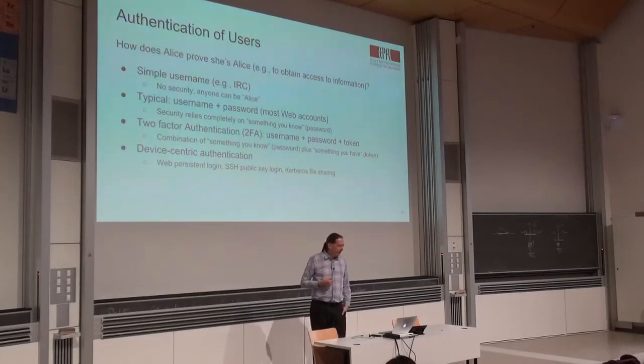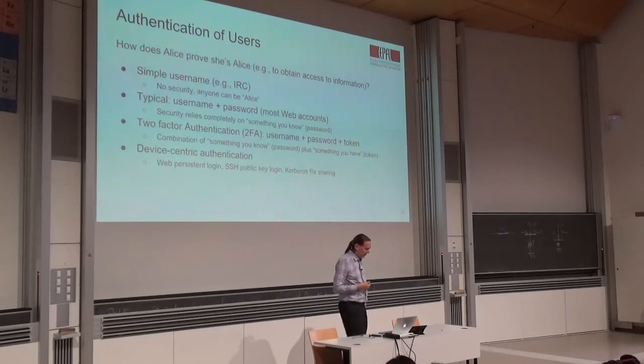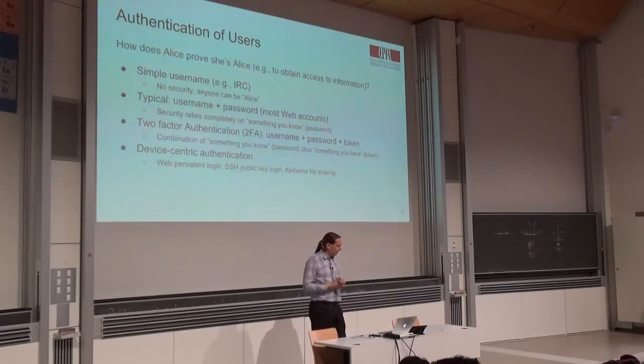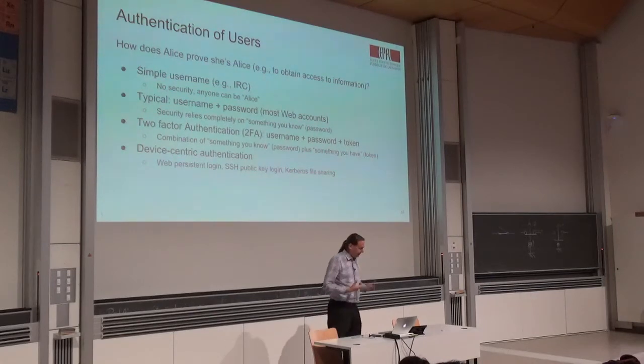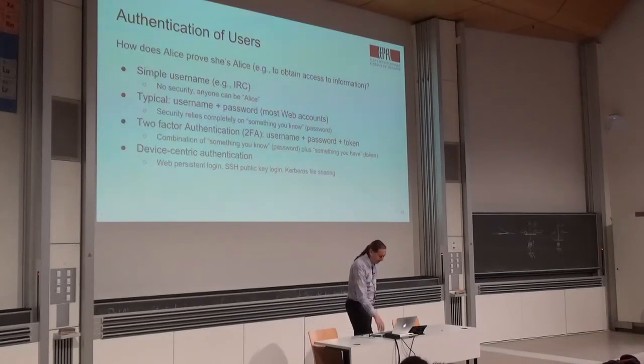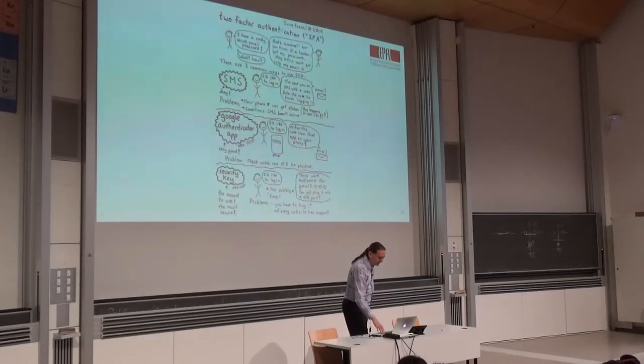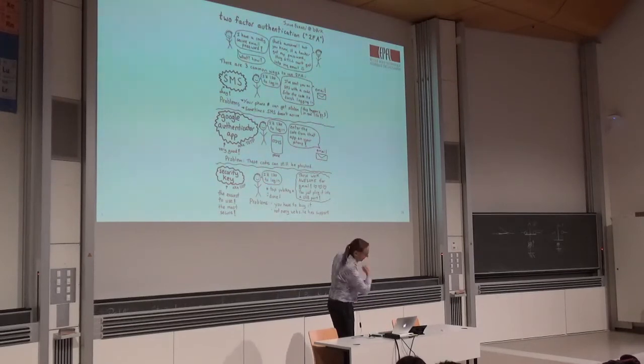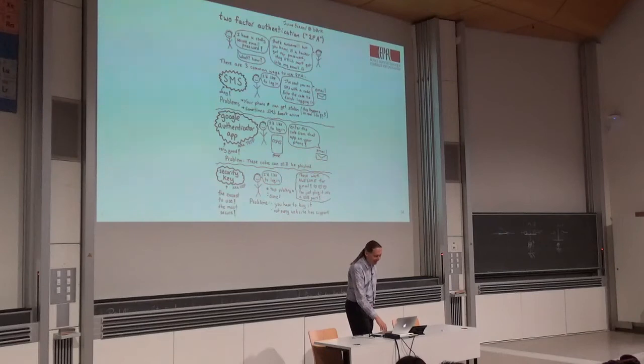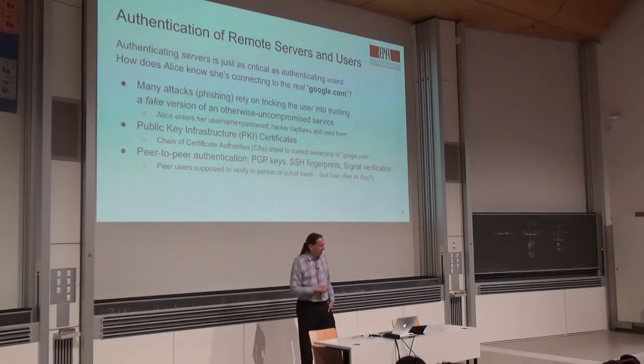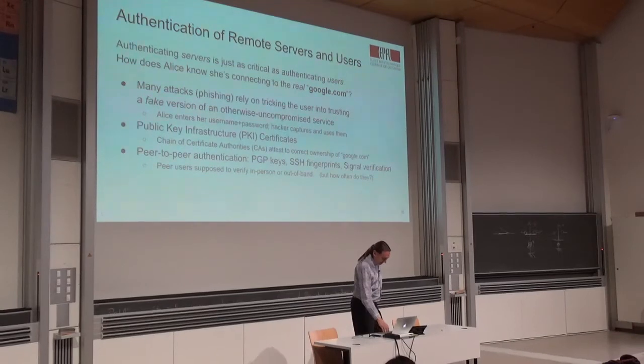And there are many different forms of authentication that we'll explore. Starting with simple username and password, and then various two-factor and multi-factor authentication mechanisms, which use a combination of something you know, like a password, and something you have, like a token, smart card, or a phone. You can learn all about two-factor authentication by looking back at that slide if you want to later, but I'll leave it at that.